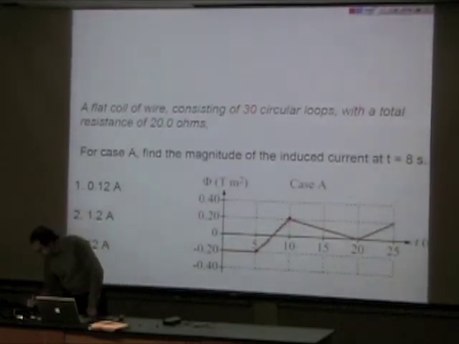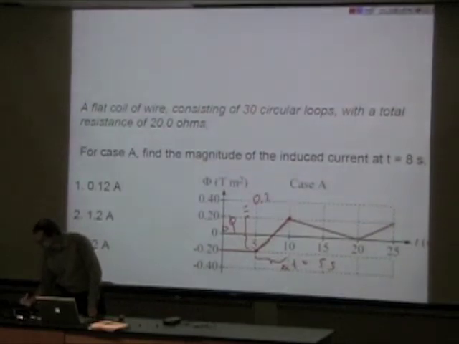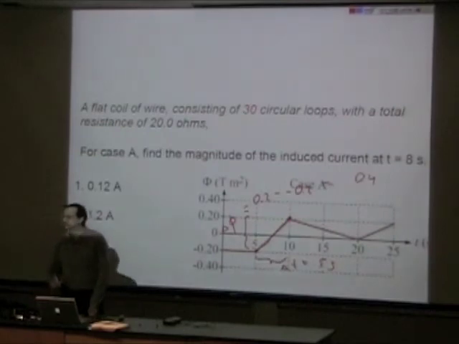This one. So delta t equals 5 seconds here, and delta phi is going to be equal to what? 0.2 minus negative 0.2, 0.4.